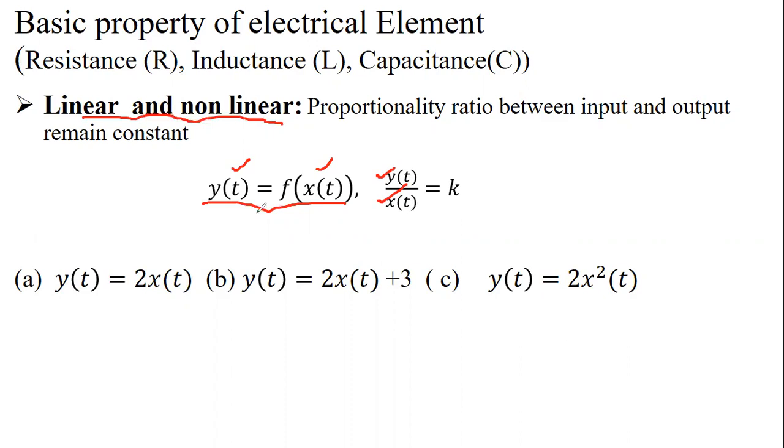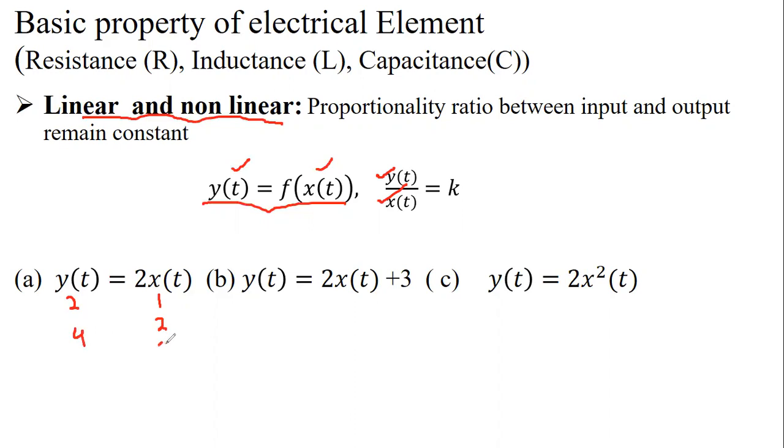We are solving this using some examples. The first example is y(t) equal to 2x(t). We want to check whether this relation is linear or non-linear. Suppose we take the input value x(t) as 1, the output value is 2. If x(t) is 2, the output becomes 4.